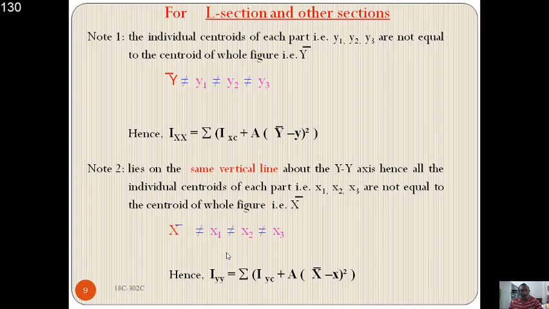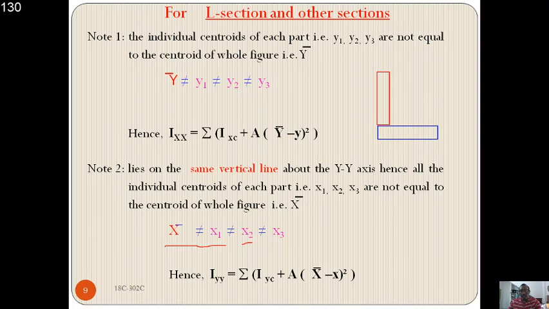You see here also the same condition holds. In this particular case, x bar is not equal to x1, and x bar is also not equal to x2 like that. So let us say a simple L section if I take. This is an L section, let us say.